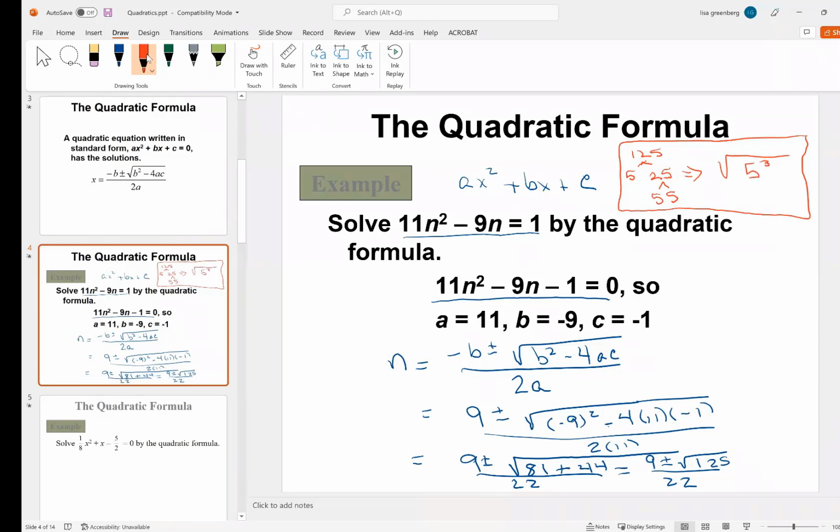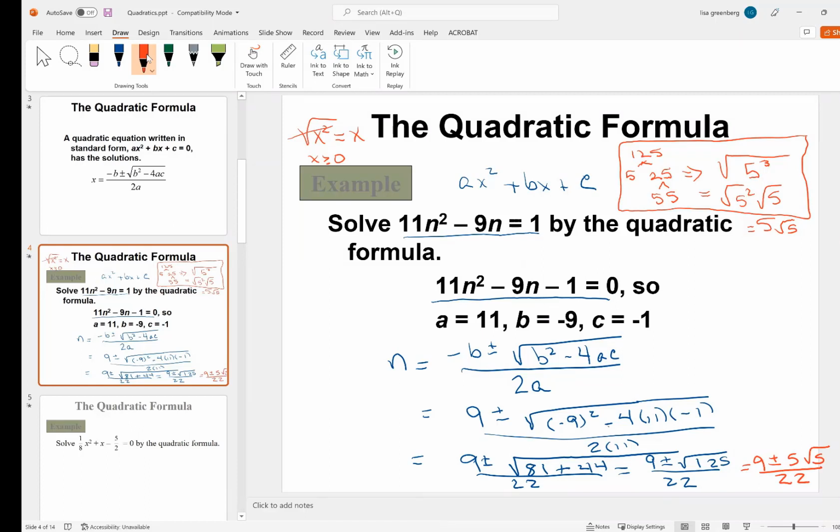If I have the square root of x squared, that's always going to be equal to x as long as x is greater than or equal to 0. If I have three 5s, it's really the same as the square root of 5 squared times the square root of 5, and that's simplified, okay? So if I come down here, I have 9 plus or minus 5 times the square root of 5 over 22.